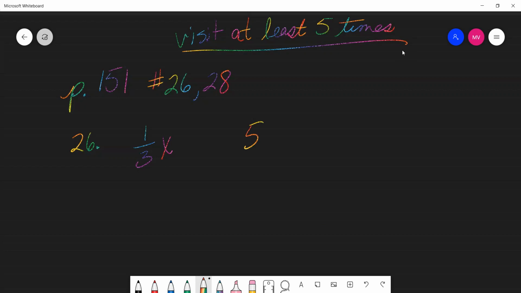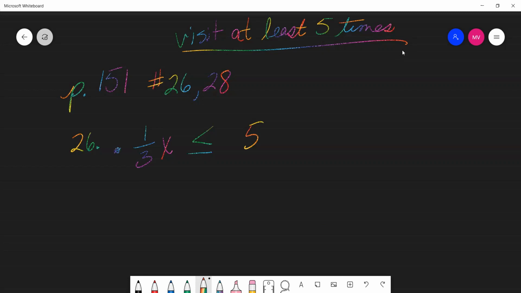If it's at most 5, what symbol do we use? Less than or equal to, right? Because at its most, it can be 5, but it cannot be more than. That doesn't mean it equals, but it must be less than or equal to. All right, so now let's solve.